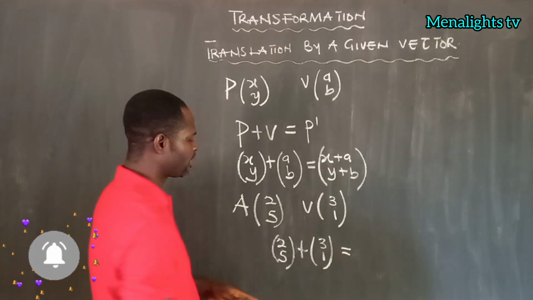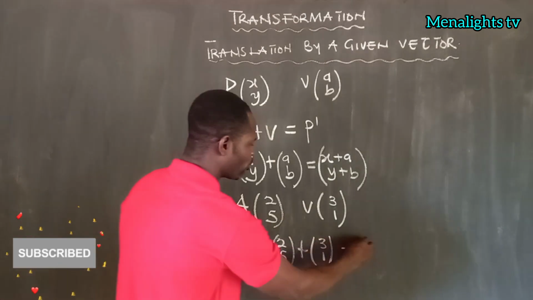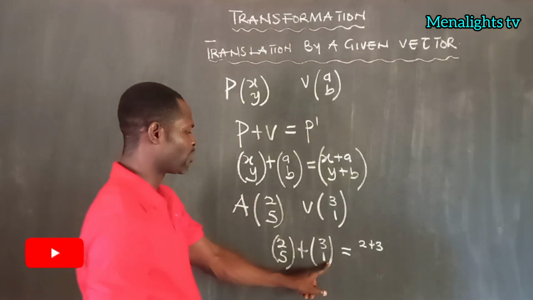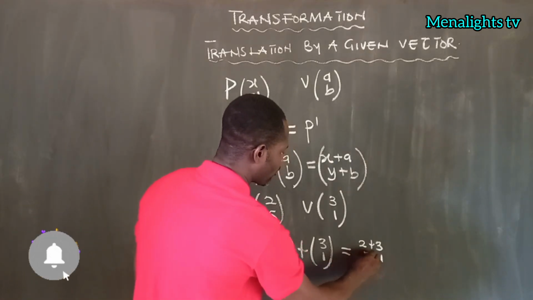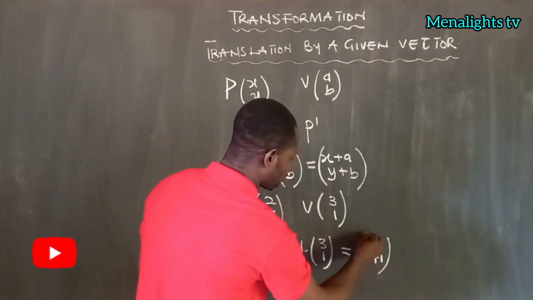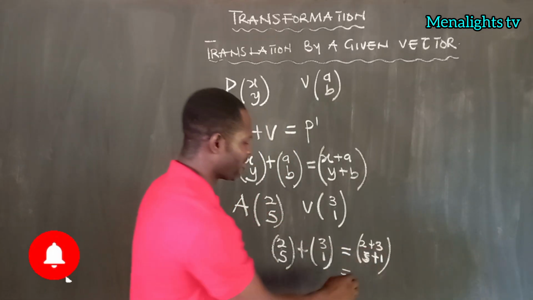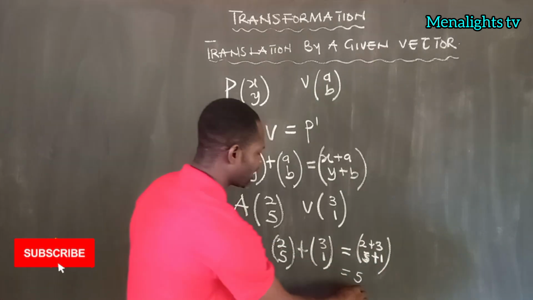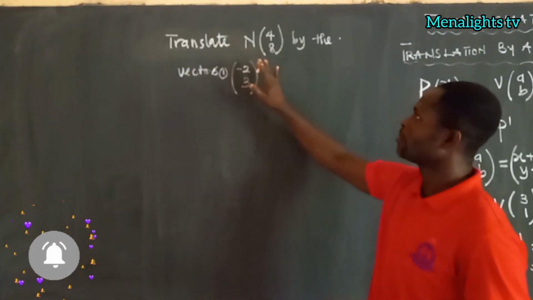Here the 2 will be added to the 3, so 2 plus 3. Then the 5 will also be added to the 1, so 5 plus 1. So 2 plus 3 will give us 5, and then 5 plus 1 will give us 6. So this becomes our image.